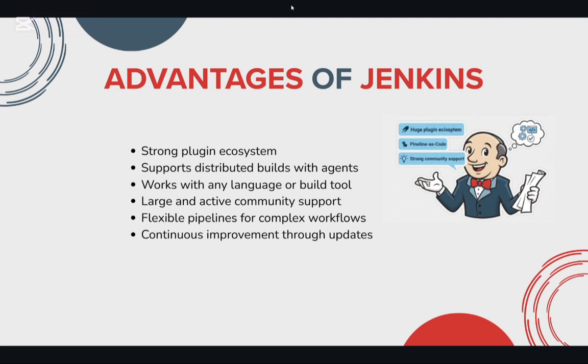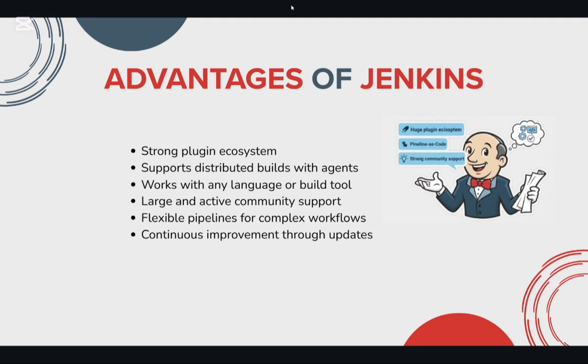Then the next slide is about advantages of Jenkins. Some of the key advantages of Jenkins include its strong plugin ecosystem and its ability to run distributed builds, where multiple agents can execute jobs in parallel. It works with almost any language or build tool, making it highly adaptable.